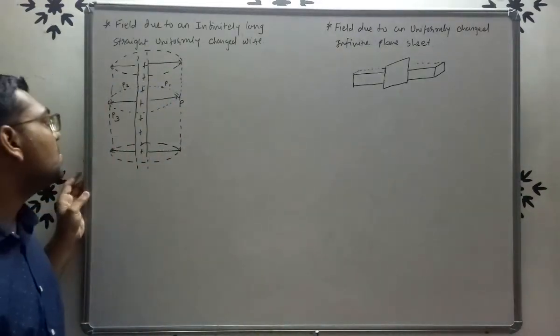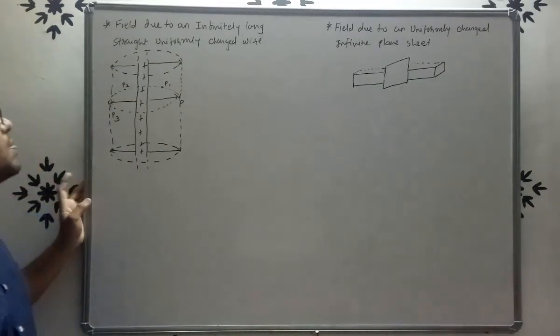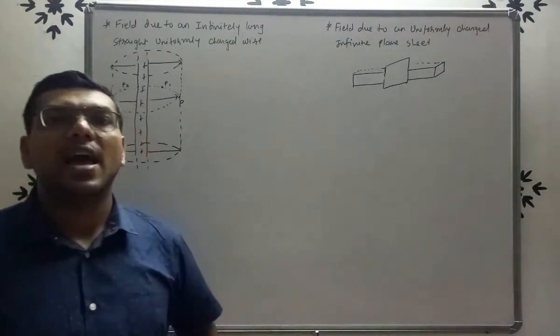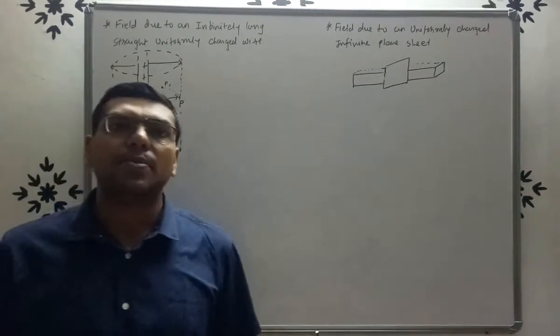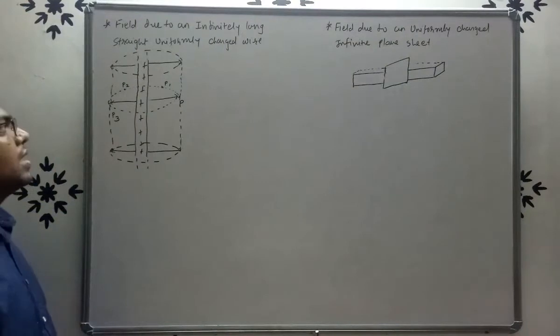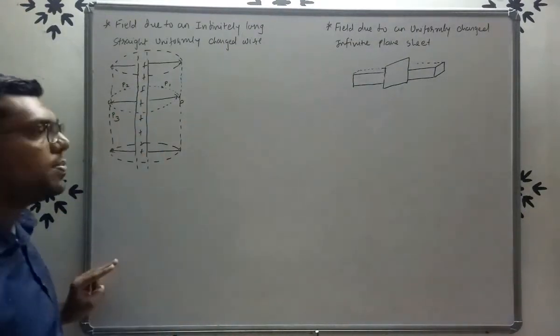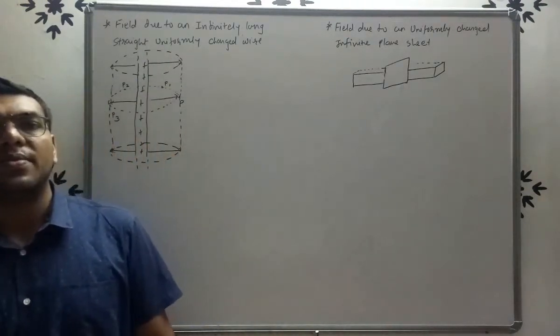So you have to write the various points. The first point: as shown in the figure, there is an infinitely long straight uniformly charged wire having linear charge density lambda. Second point: as shown in the figure, if we rotate point P, then we get different points like P1, P2, P3.